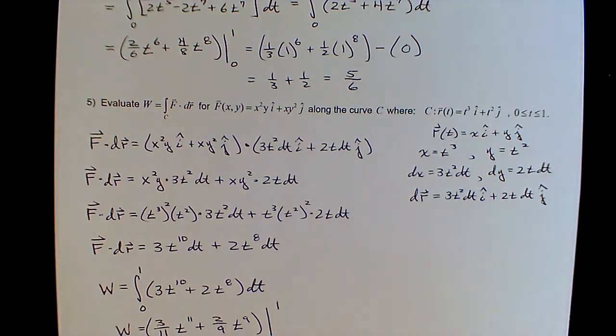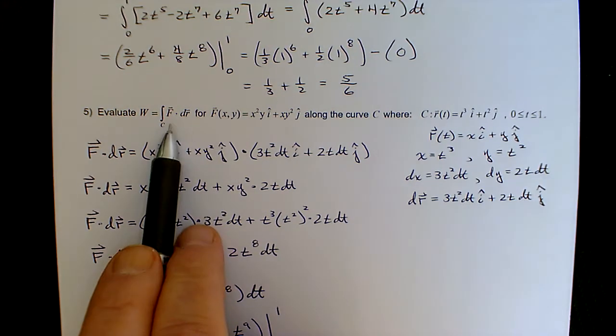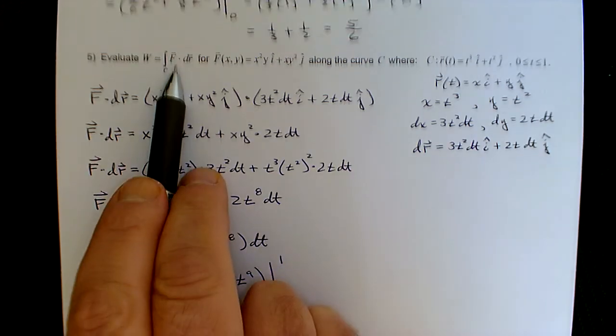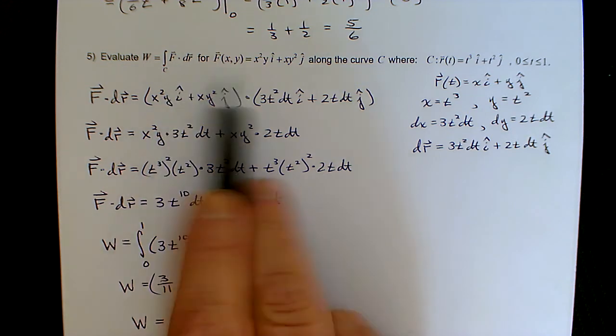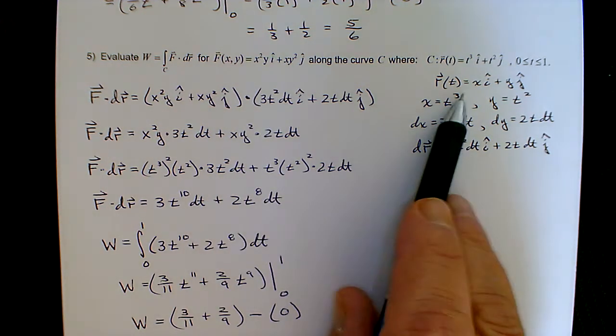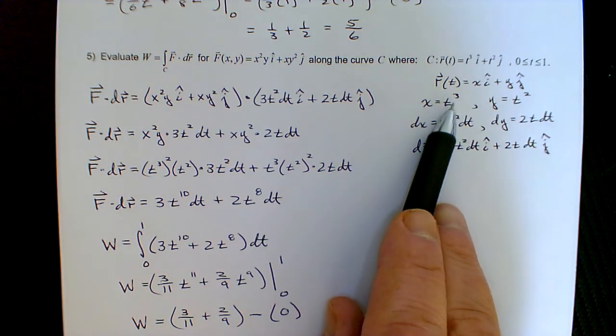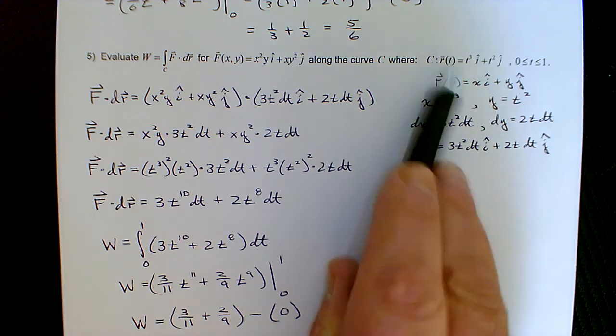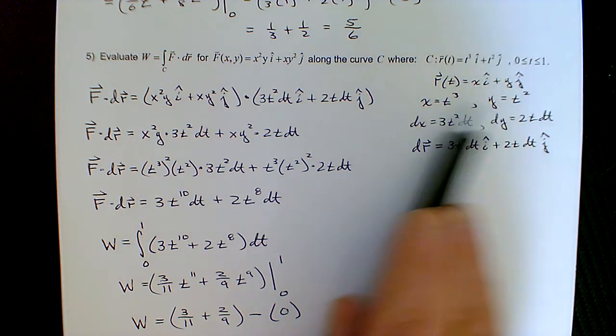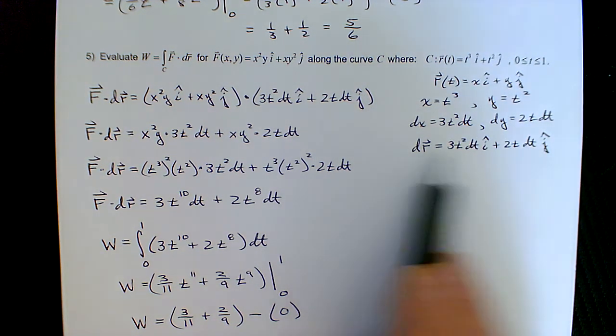And the rest of it's going to be stated very similar to this, where it's telling you to calculate the work, f dot dr. So here's your function f, here's r, but again, r is x, and x is t cubed in this case, y is t squared, so we calculated dx dt. You really didn't even need to go through this.